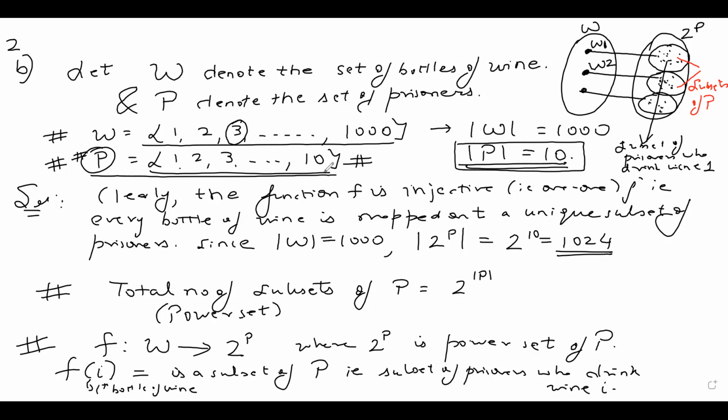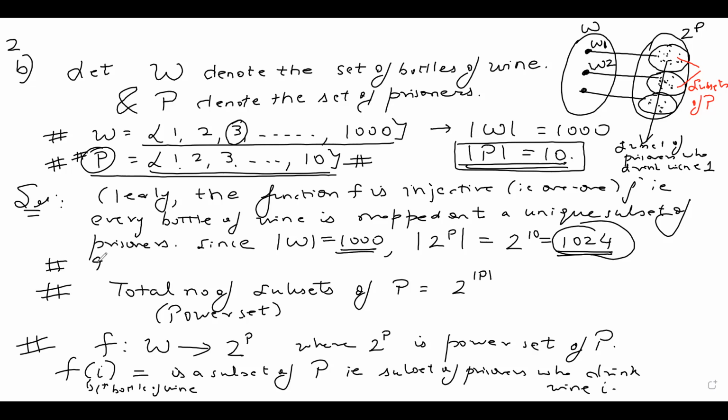So 2 bottles of wine cannot be mapped onto one unique subset. That is not possible. That means W1 and W2 both cannot go to the same group. Because you have 1024 possible groups you can make, but you have only 1000 wines. So every bottle of wine is going to go to a unique group.